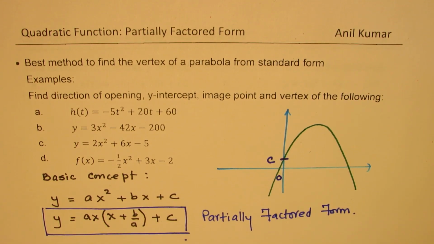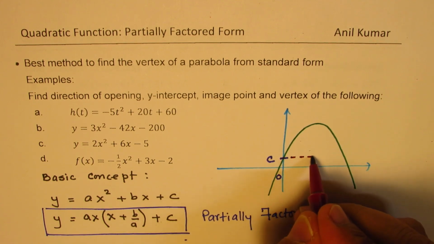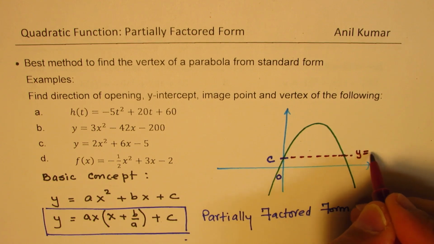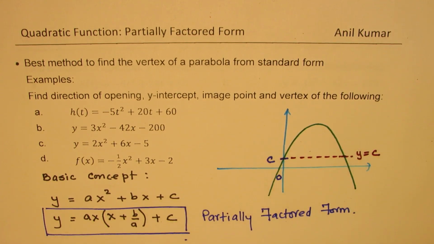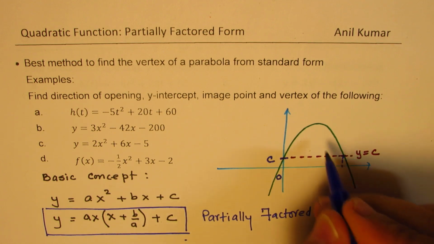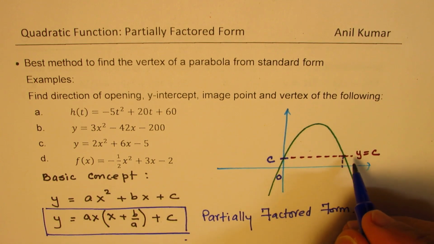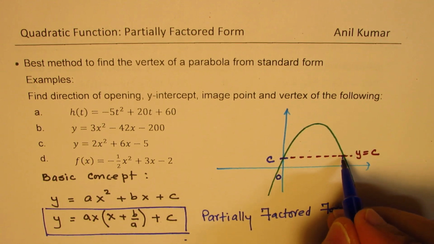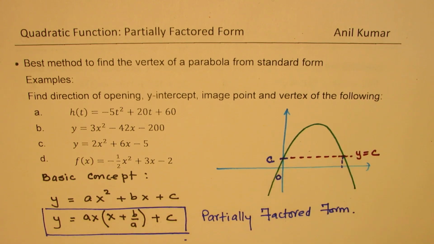Now, if I draw a horizontal line, which is y equals c, it will intersect the parabola at another point, provided c is not equal to 0. There it is again c. Do you see that?